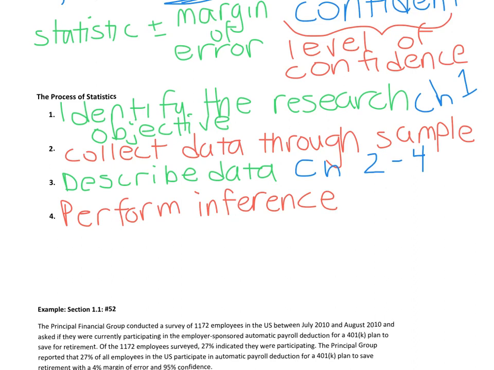And then the inferential statistics, before we actually hop to it, we have to bulk up our theory in chapters 5 through 8. And then the actual inferential statistics start in chapter 9 and go all the way to 13. All right, so the process of statistics outlines our course together.